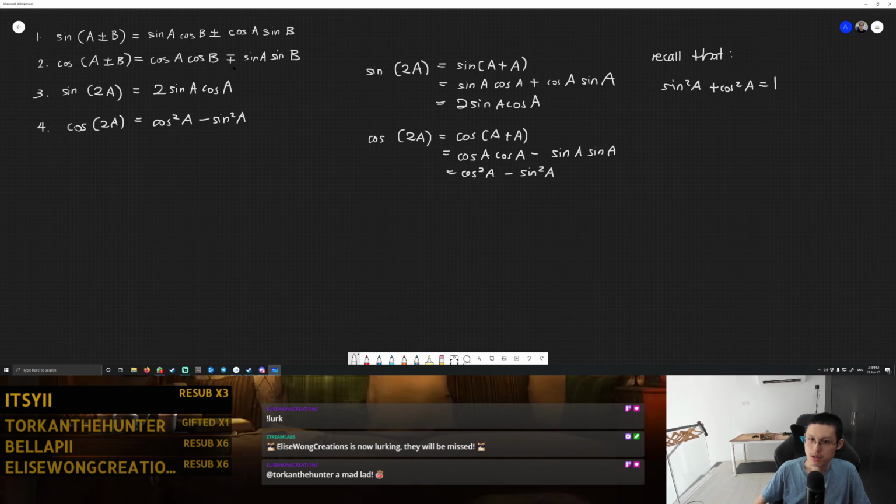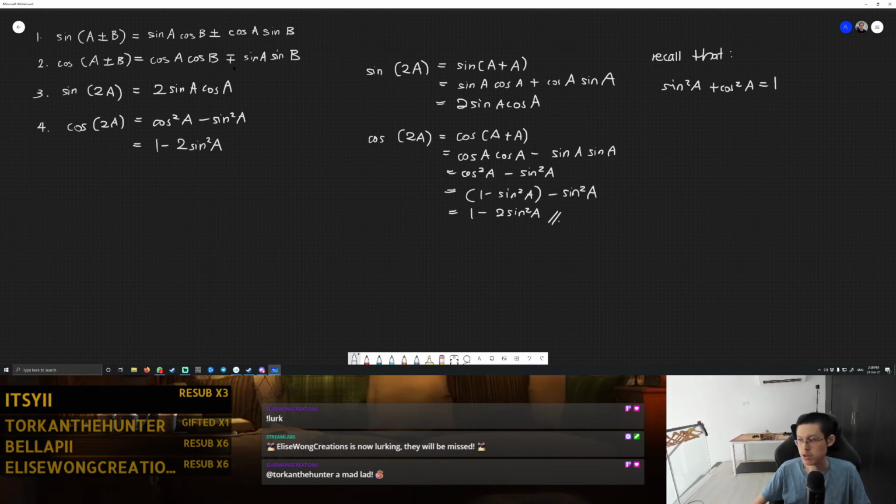So using this, we can replace cos squared A with 1 minus sine squared A. So that's going to give me 1 minus 2 sine squared A. So that is, I would say, a second variant of the double angle formula.